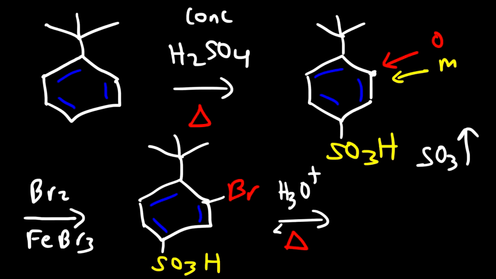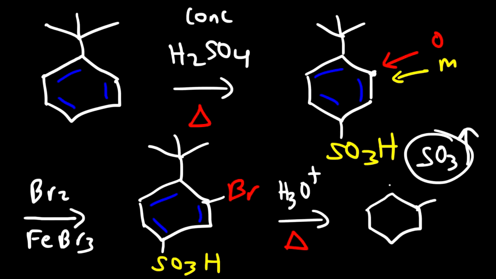Because this reaction is reversible, but when you heat it, the decreased concentration of the product, according to Le Chatelier's principle, whenever you decrease the concentration of a product, the reaction will shift to the right to make more product so that it can maintain a state of equilibrium. So as the gas escapes the reaction vessel, the system will shift to the right, favoring desulfonation over sulfonation.